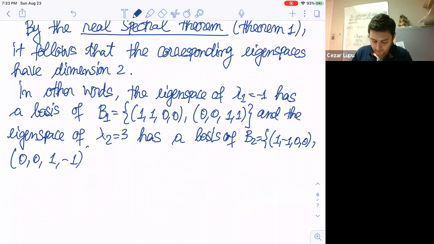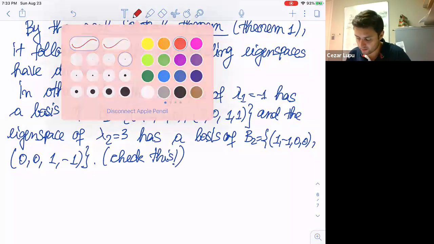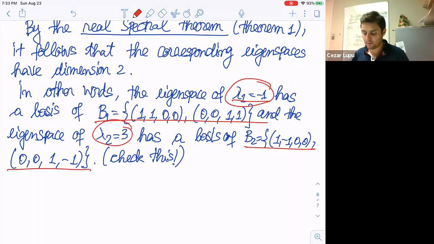Anyway, I will leave it to you as an exercise to check this. I've done the computations anyway, but you can just check this. These are the two bases of the eigenspaces of each eigenvalue.